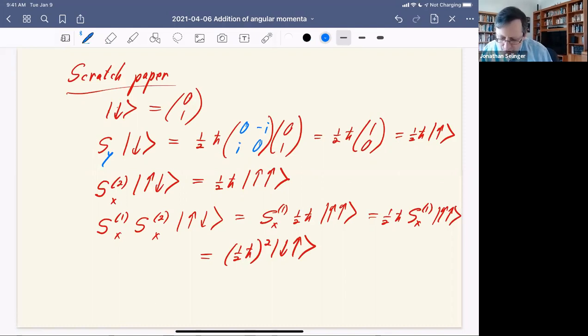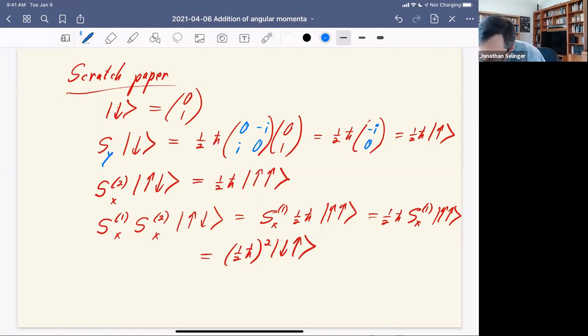So if we multiply this out, on the top, it's 0 times 0 minus i times 1. That's negative i. On the bottom, i times 0 plus 0 times 1. That's 0.